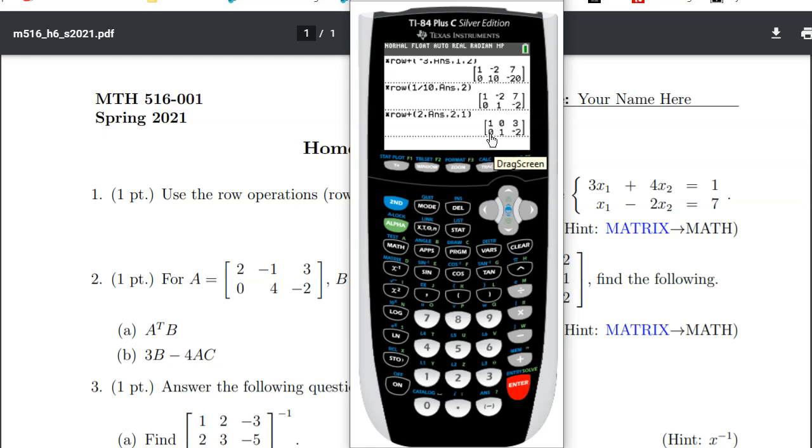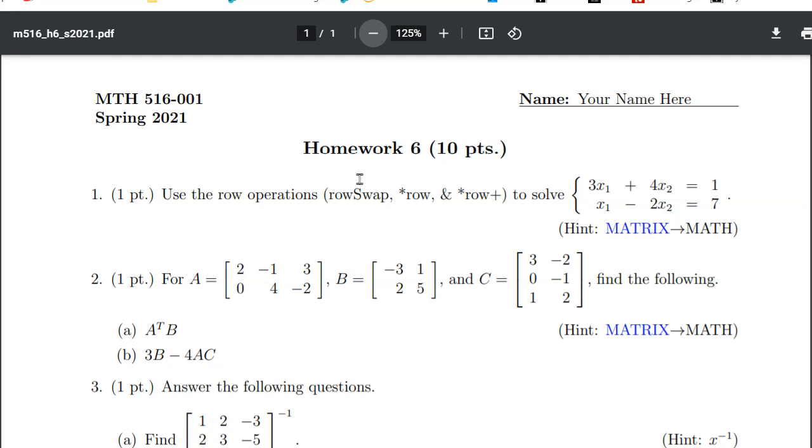Here, 0x1 plus 1x2 is equal to negative 2, which means x2 is negative 2. So x1 is 3 and x2 is negative 2. That's what number 1 is asking you to do.